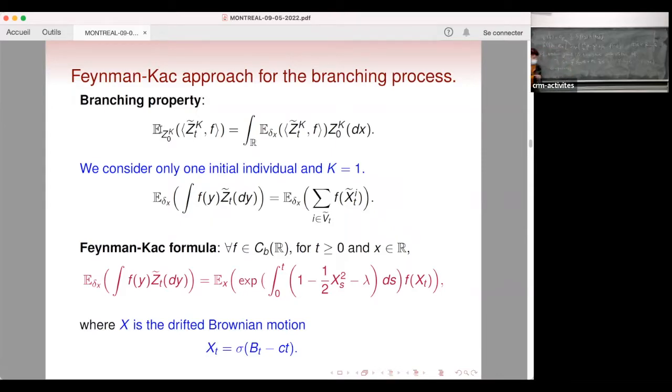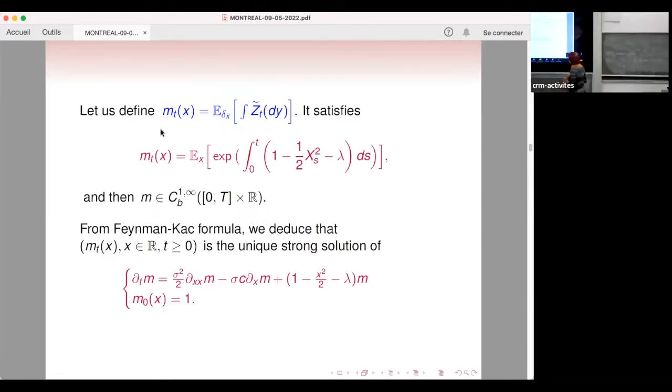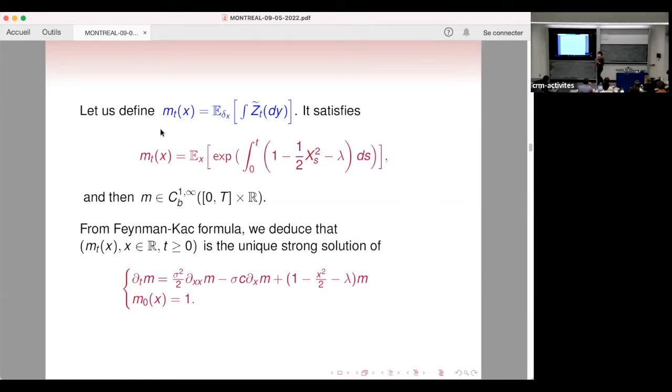There are other proofs, more probabilistic proofs. So now that's the first step. There is a particular function which plays a main role, which is the expectation starting from the Dirac measure on x of the total mass, Z tilde, for the branching process. Okay. And so, of course, you have this expression, which is very easy, remember, X s is a drifted Brownian motion, sorry.